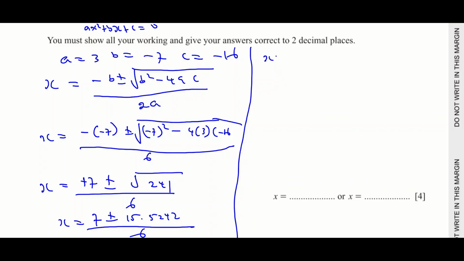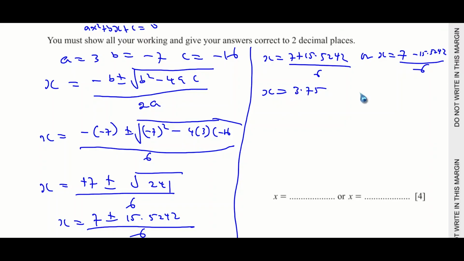Then from here, x is equal to 7 plus 15.5242 over 6, or x equals 7 minus 15.5242 over 6. So if you input this into a calculator, you get x equals 3.75, or x equals negative 1.2 to 2 decimal places.